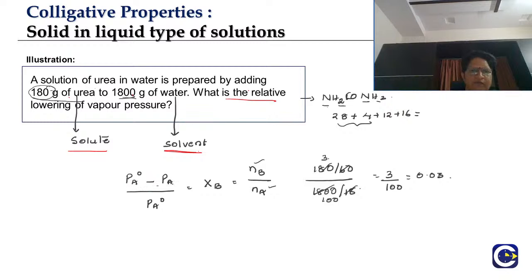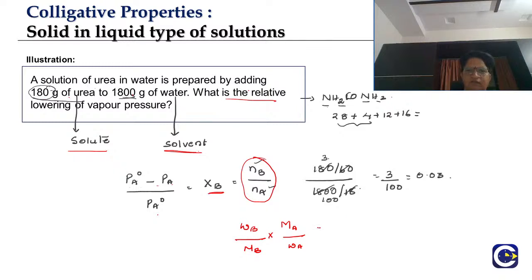PA naught minus PA by PA naught is equal to mole fraction of solute. Since it's a dilute solution, directly we can take NB by NA. NB is weight of solute by molecular weight of solute, into molecular weight of solvent by weight of solvent.